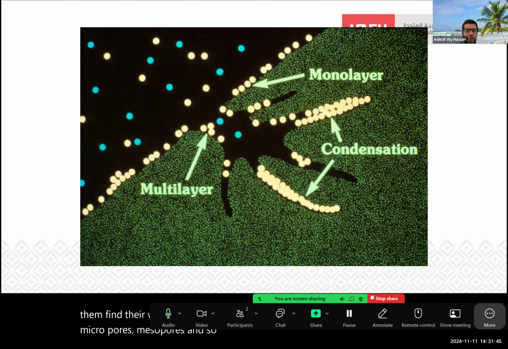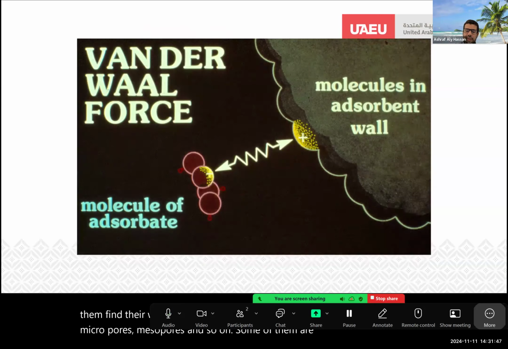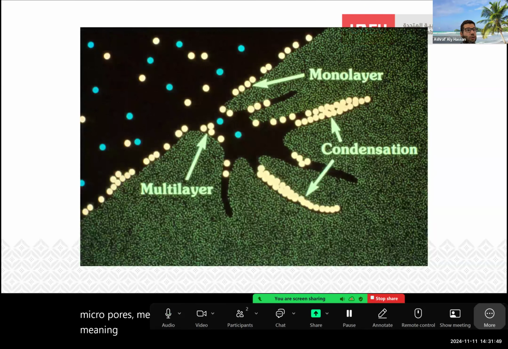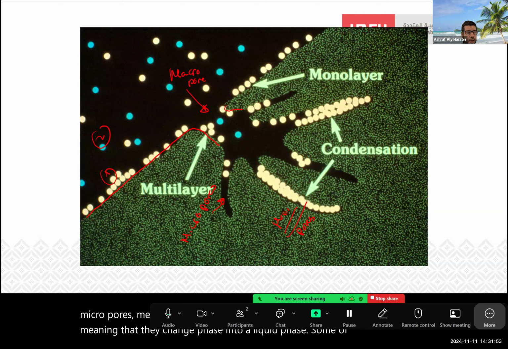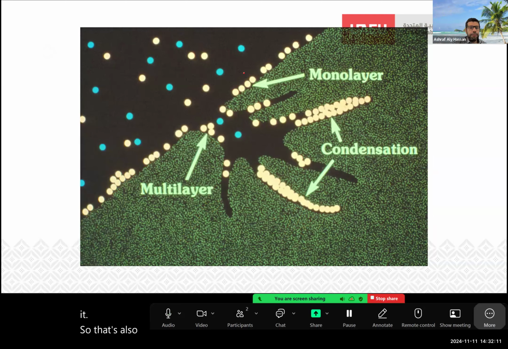Some of them are condensed, meaning that they change phase into a liquid phase. Some of them stay in the gas phase. Some of them form a monolayer, meaning one layer only. Some of them can have multiple layers. So one compound can adsorb on the surface, and then another compound can adsorb on top of it. So that's also another property.